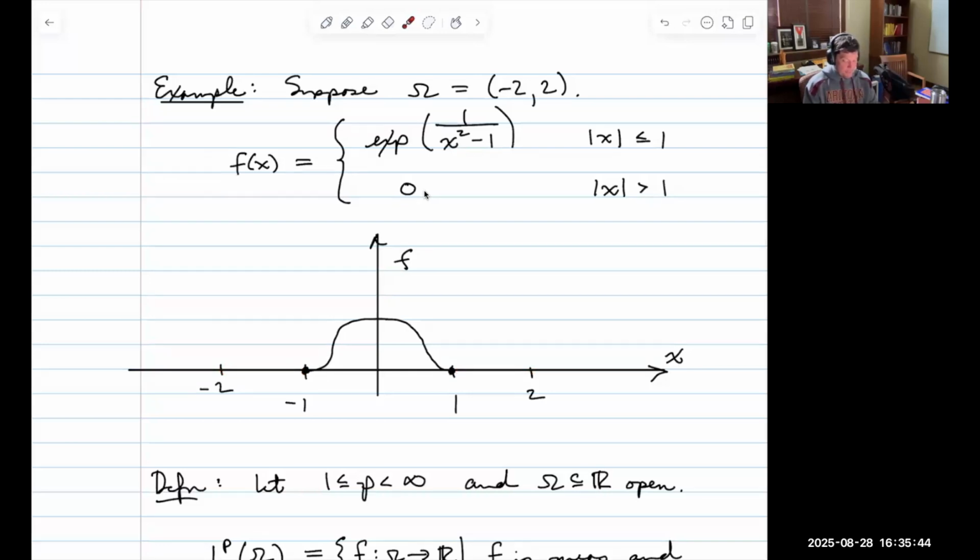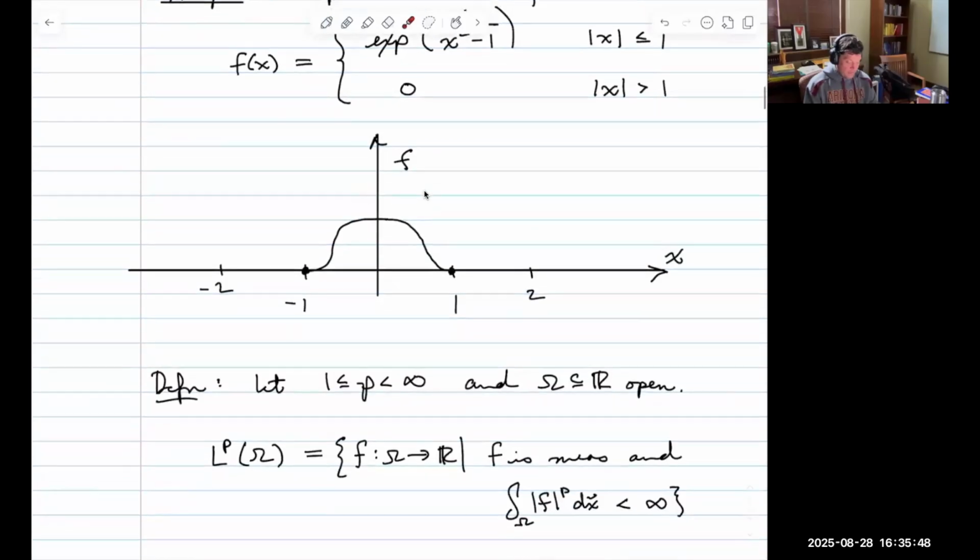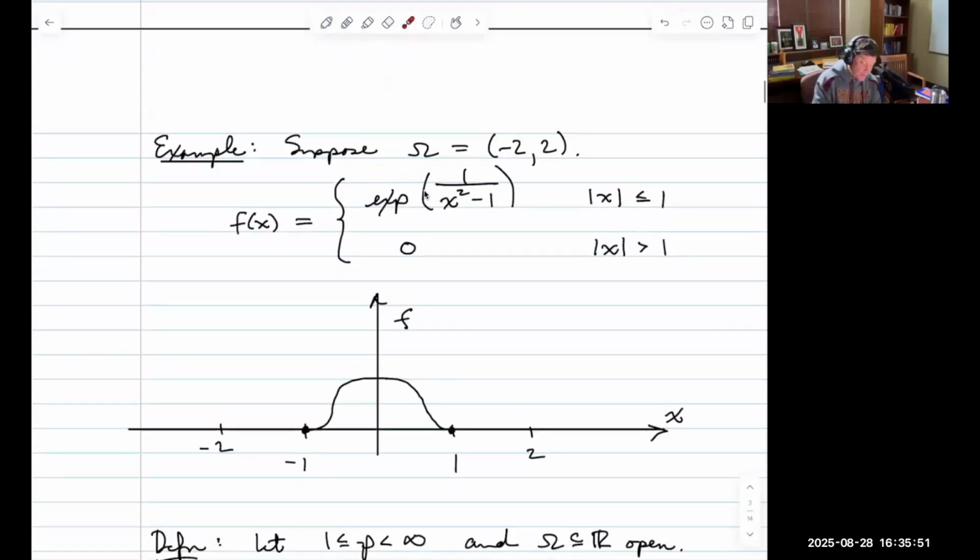Now I claim that based on the definition of this function, my claim is that f is a C0 -2 to 2, okay, C0 infinity function.